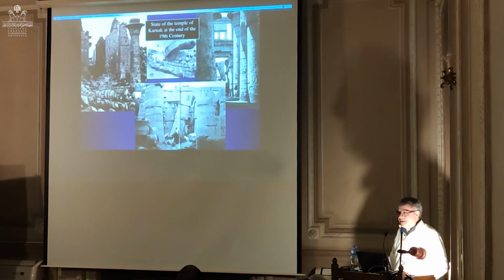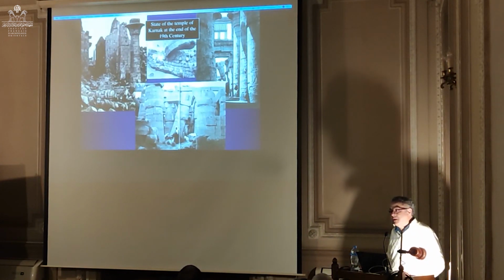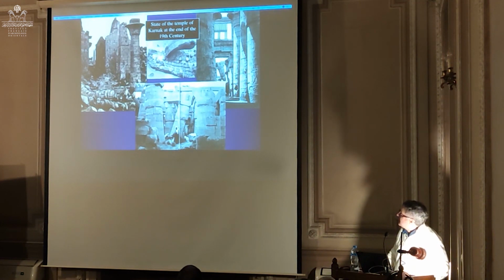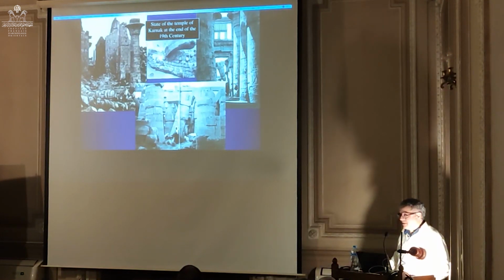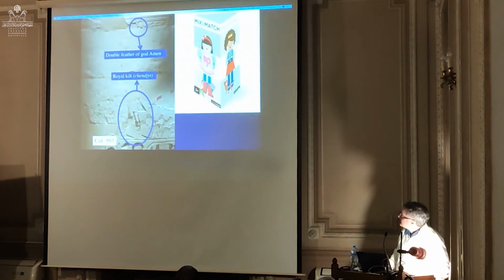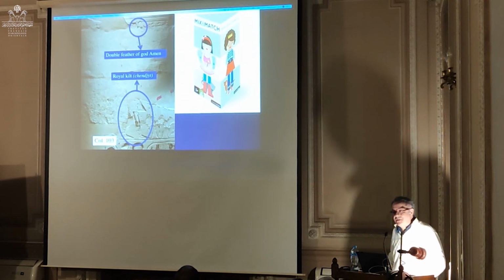So this gives you an idea of the situation at the end of the 19th century, and you could see that some of the column drums or bases fell, because they were built over talatat that could not support these columns. So some errors were noticed along the way.